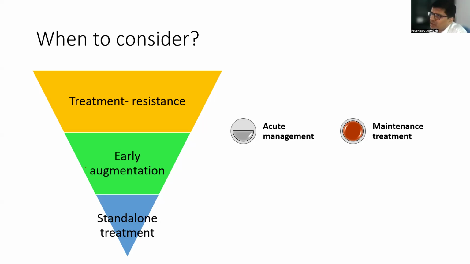Subsequently, you can plan to space the sessions of rTMS. So maintenance rTMS is one good strategy to prevent relapse of the symptoms. In our rTMS clinic, we are using rTMS for prevention of relapse as a maintenance treatment, and quite a good number of patients are there for maintenance treatment of rTMS.